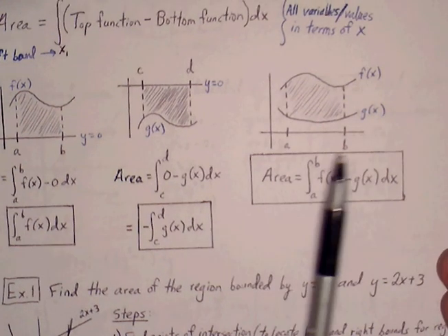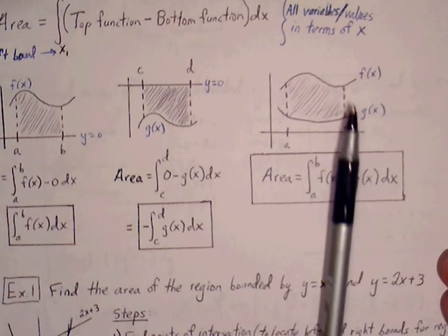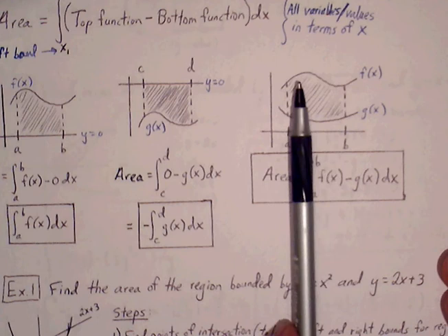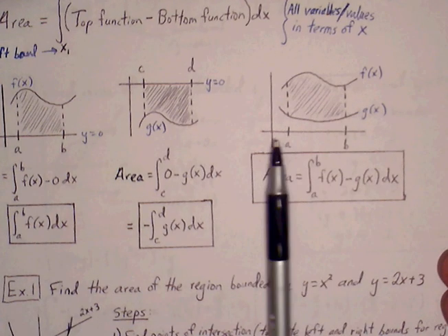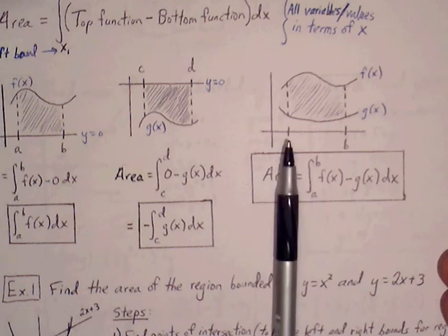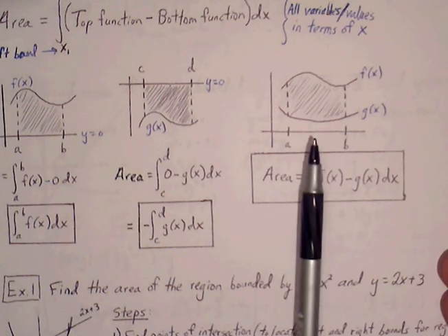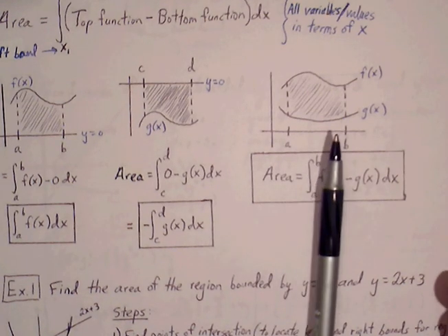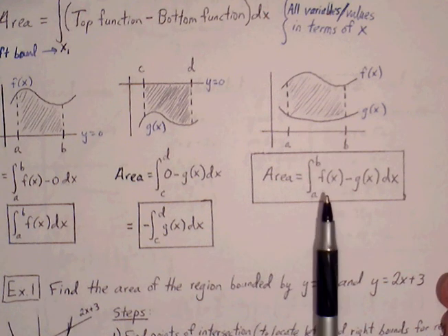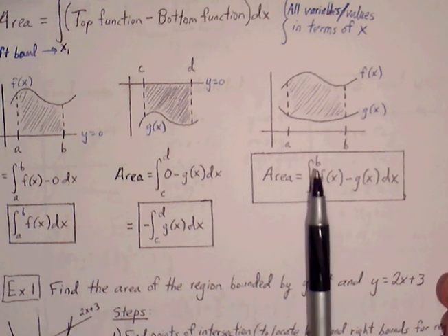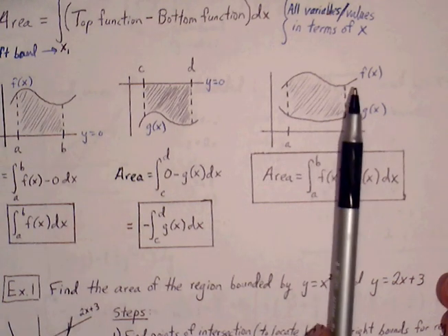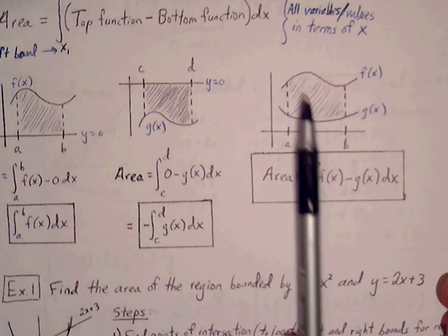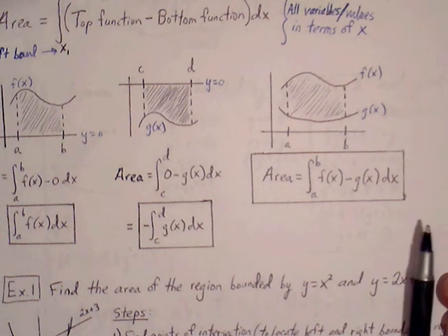So in this case, let's say we had two functions, f of x and g of x, and now we're looking for the area between these two shaded regions, and as you can see, the shaded region is not going to include the x-axis at all. So we follow the formula, definite integral from our left bound to our right bound, from a to b, identify the top curve, top function, which in this case is f of x, minus g of x dx.